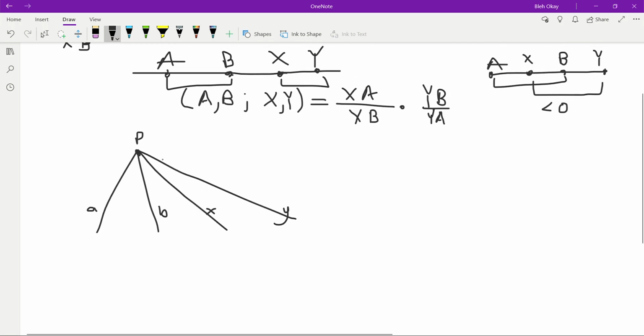Well, we can also define a cross ratio that is written A, B, X, Y again.